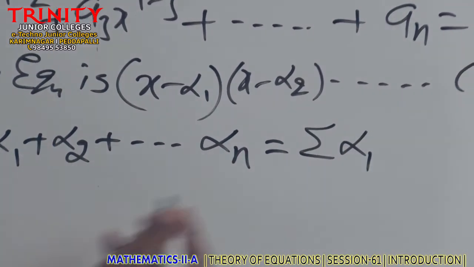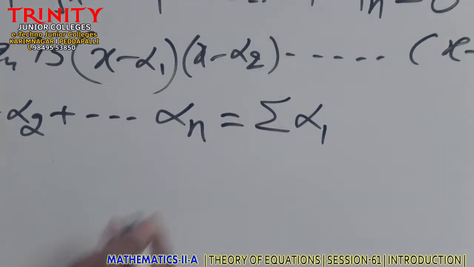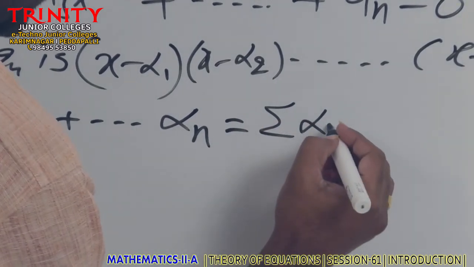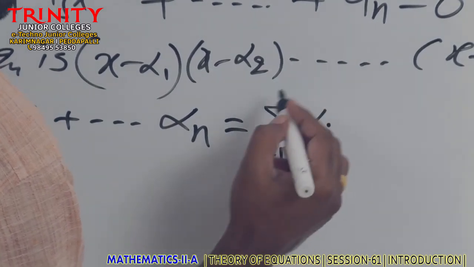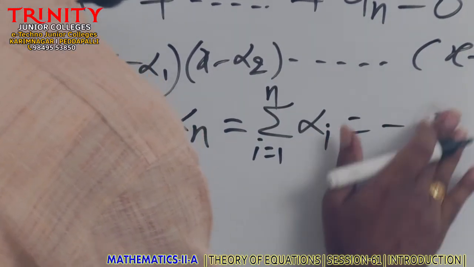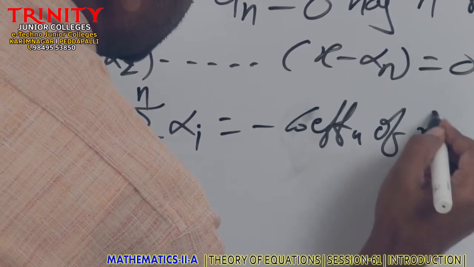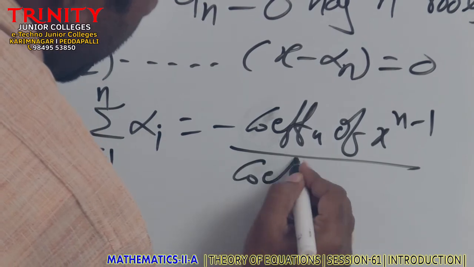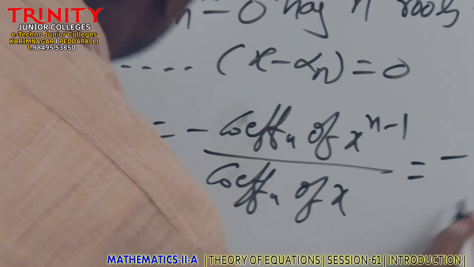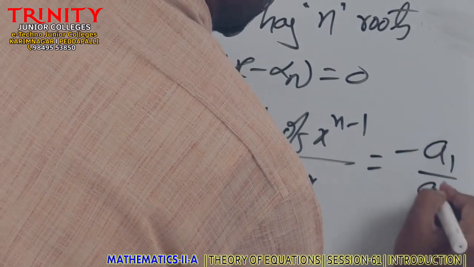That is the summation of alpha i, i is equal to 1 to n, which is equal to minus the coefficient of x power n minus 1 by the coefficient of x power n, equal to minus a1 by a0.